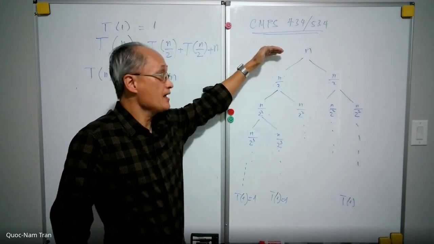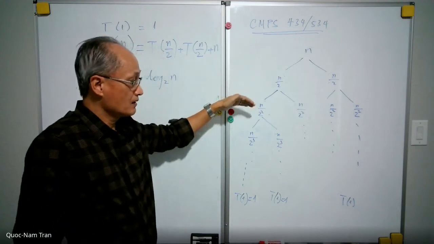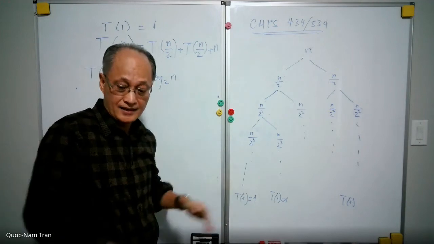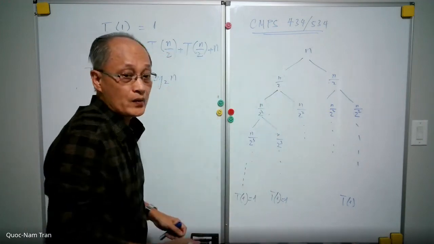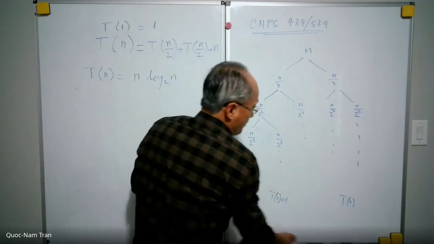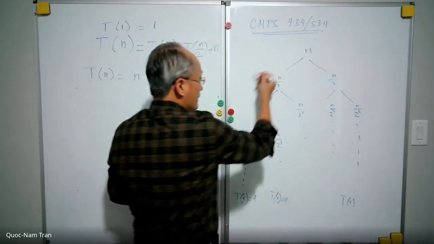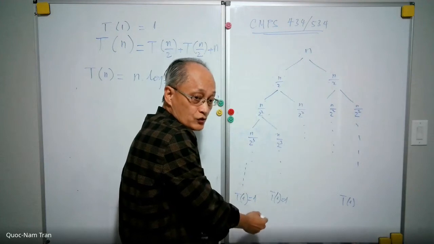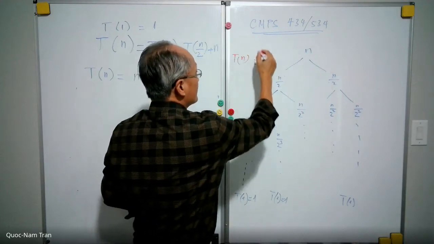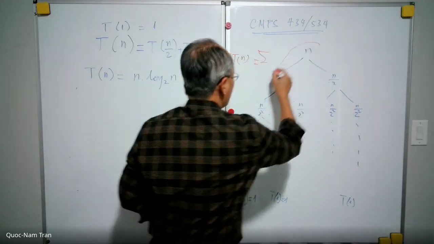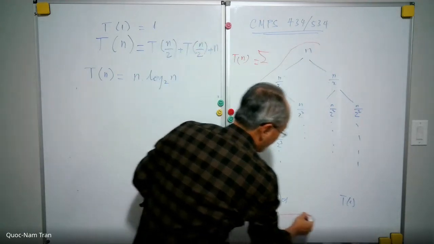We just add every extra cost we have here, right? So in other words, Tn will be the sum of every value we have on this recurrence tree.